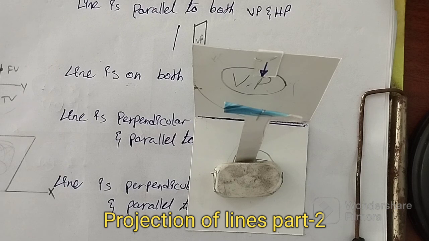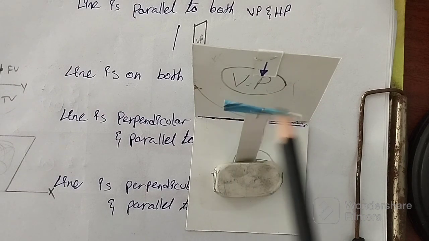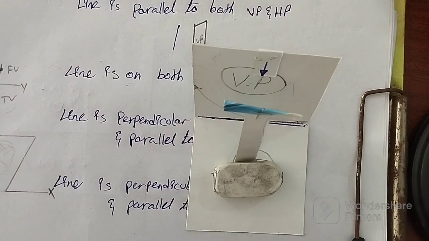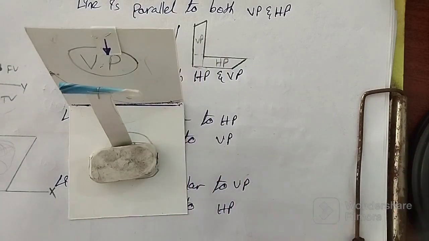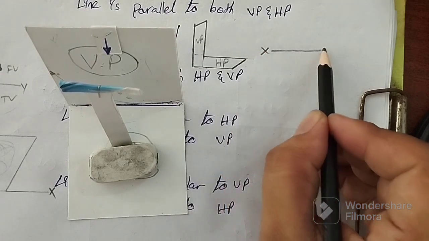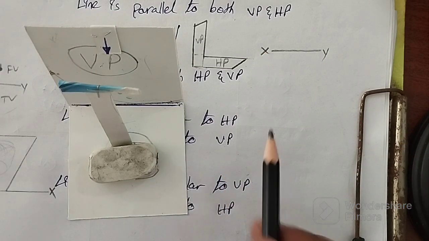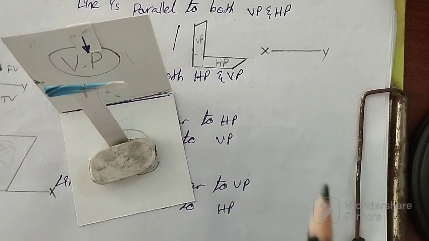So in that case, how would my straight line be? Remember that in front view the whole straight line is visible, and in top view also the whole straight line is visible. So I'll write its front view and top view. If this is my xy, as we discussed, everything should be done in the first quadrant.